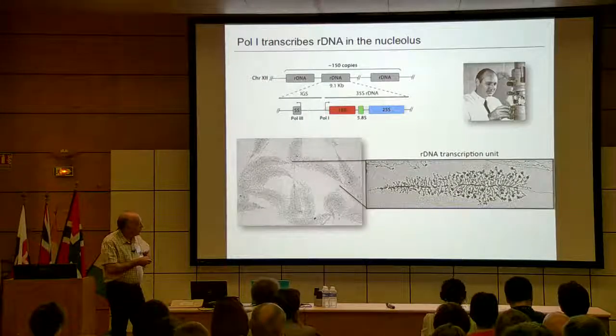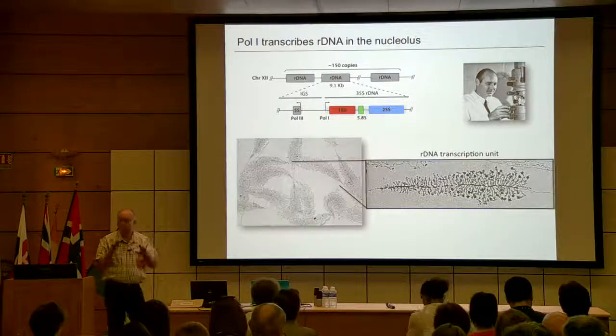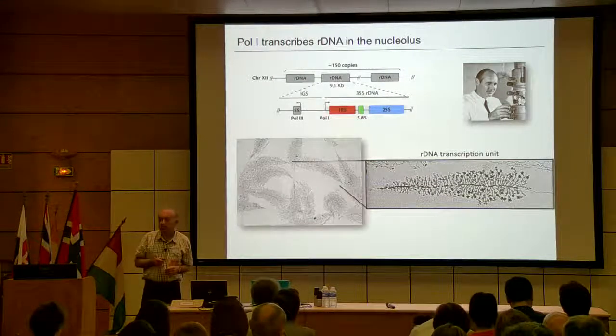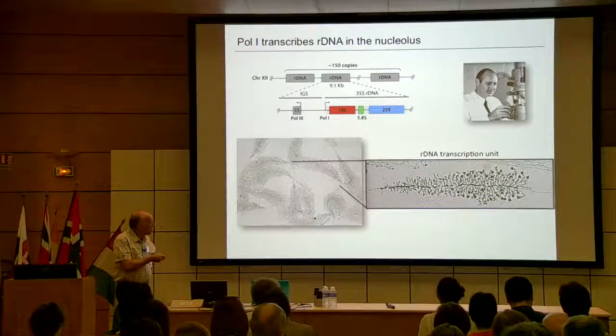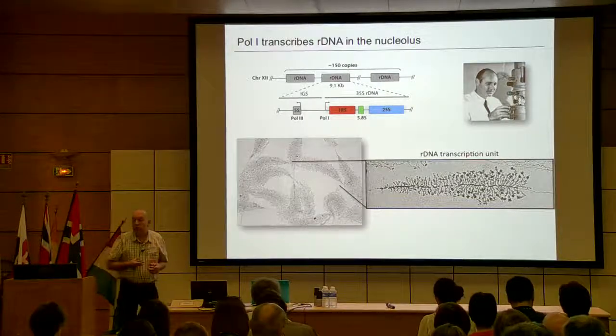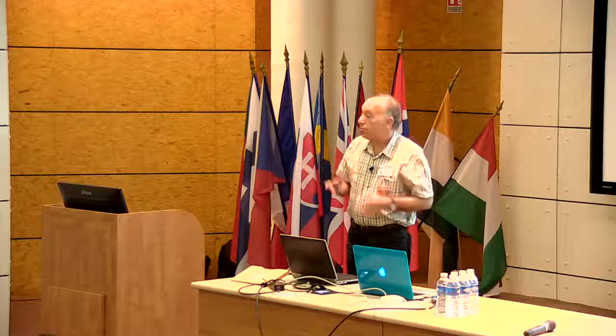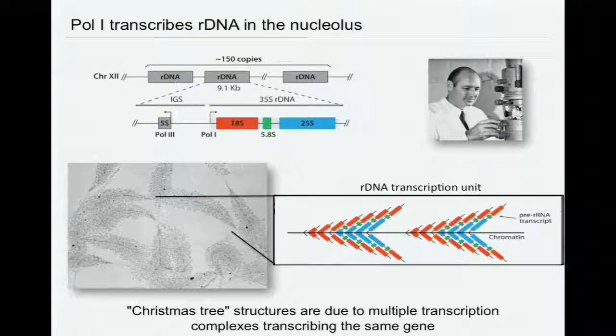And these are the transcripts which go out and form the branches of the Christmas tree. And at the end of the branches, there are RNPs, which introduce further modifications. Some of them Bruno talked about yesterday in his talk. And so this is, again, the scheme where you see how these Christmas tree-like structures are arranged.